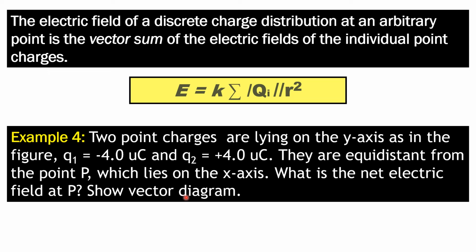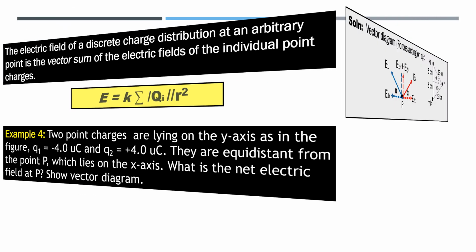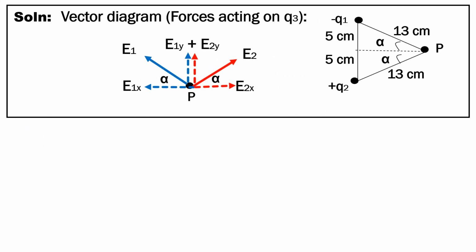First, show our vector diagram. So this is our illustration first, or what we call the vector diagram, of the forces acting on Q sub 3. Back to the diagram of the situation.